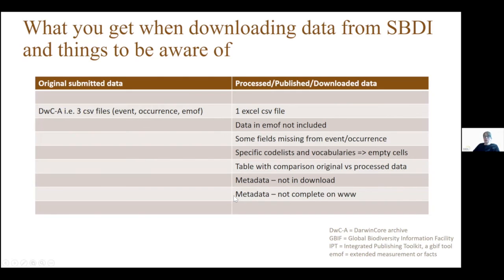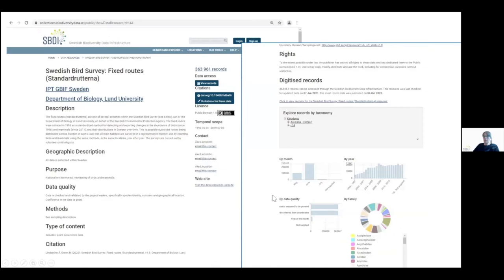The page I showed you earlier as well, the metadata on the web page, if we go back to that, this metadata page here with a description and everything. At the moment, at least for our datasets, there is some missing metadata, like the method section. That is not properly filled in here.